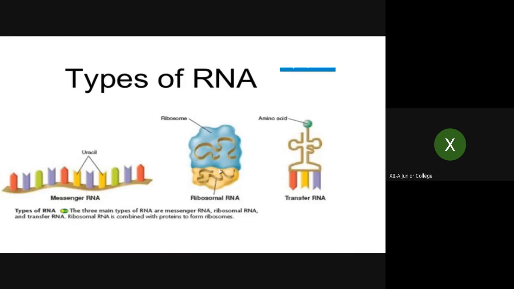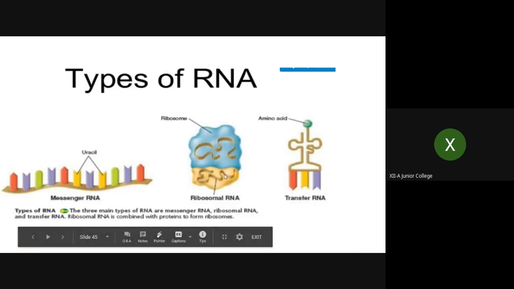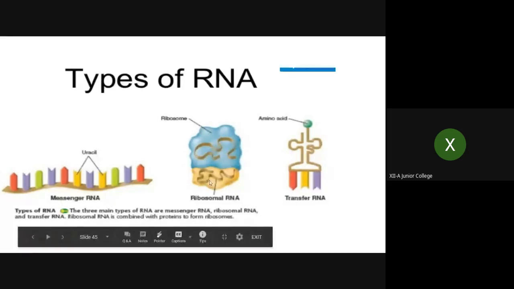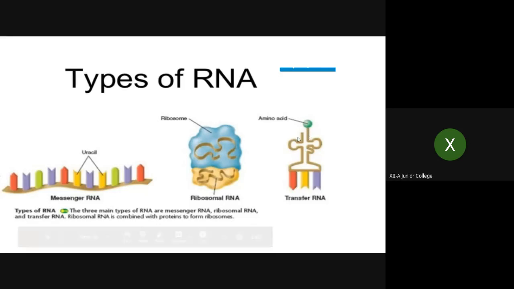Now this is the structure of rRNA, where this is rRNA and this is the ribosome. I will tell you the structure of the ribosome again, but this is the rRNA that directs the mRNA to the site of protein synthesis. And this is the transfer RNA, which has two unequal arms. This is the short arm which ends with the 5' end. This is the long arm which ends with the 3' end.